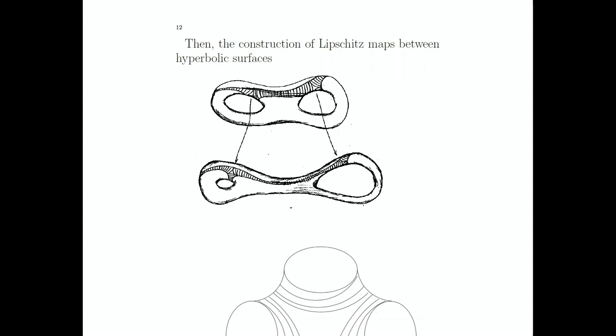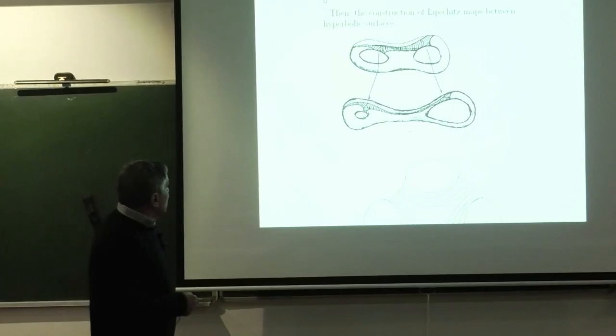So you see, here it's not very clear, but each time you see something like this, a small triangle. This is the central triangle of an ideal triangle.